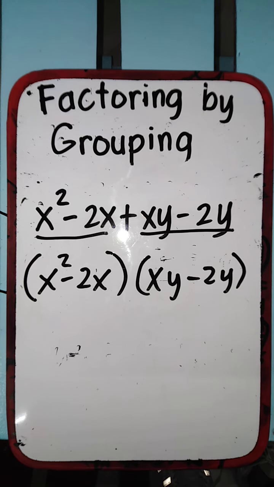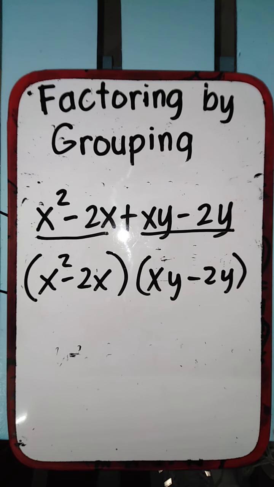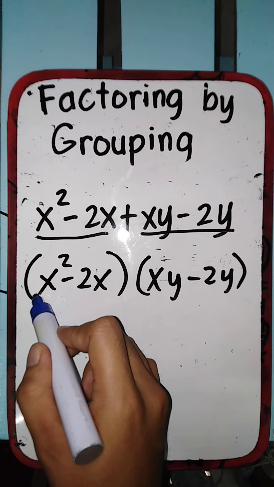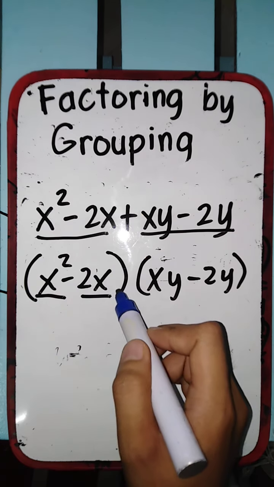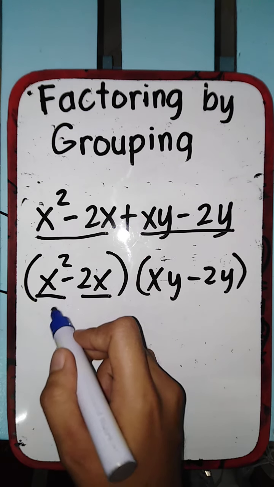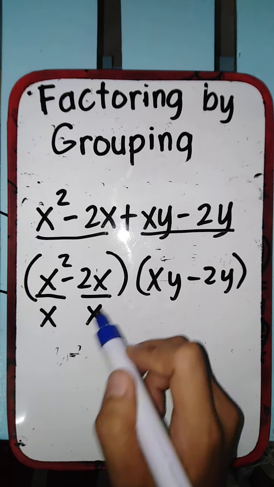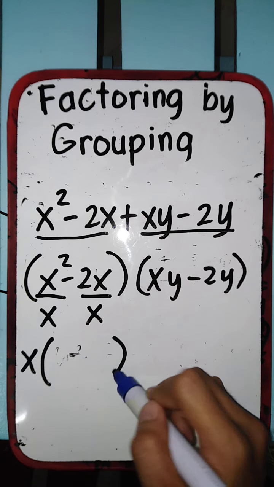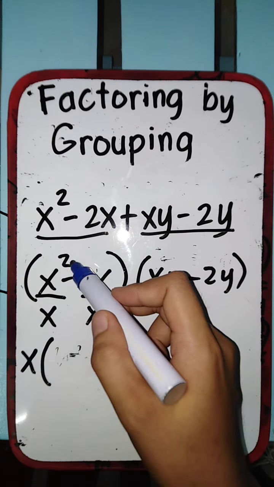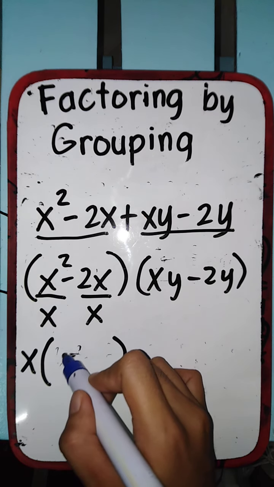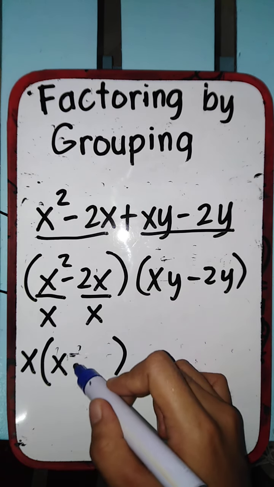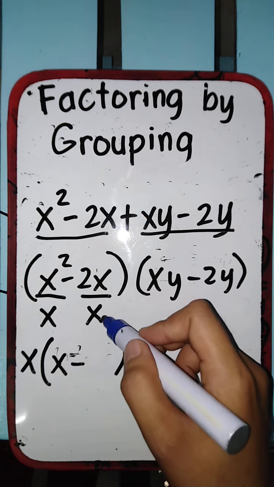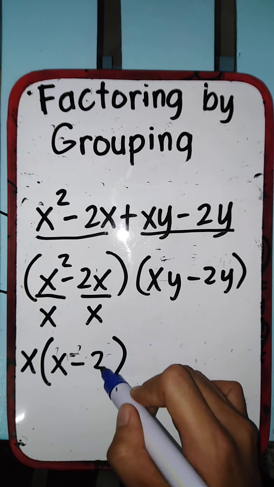Then we find their common factor. What is the common factor of x squared and 2x? They have x in common, and we write x outside the parentheses. Then divide: x squared divided by x is x, minus 2x divided by x is 2.